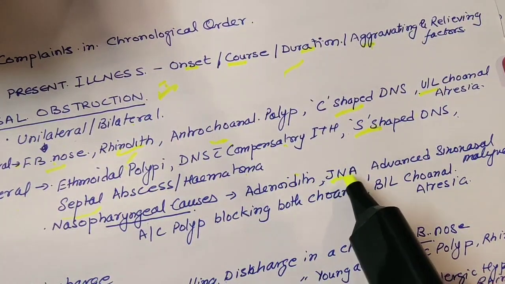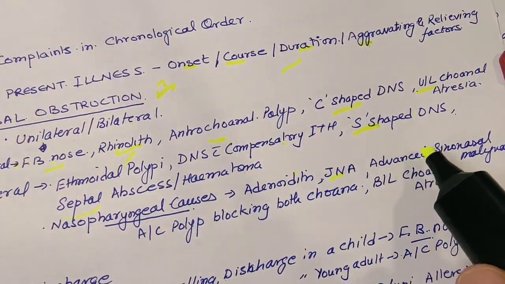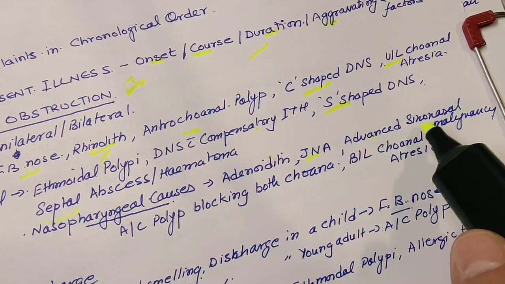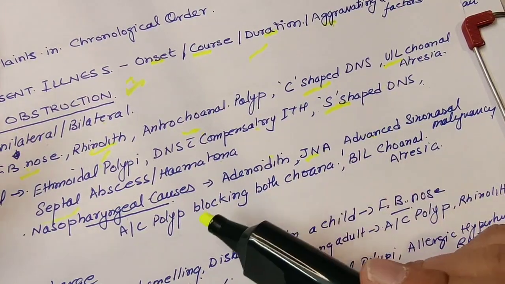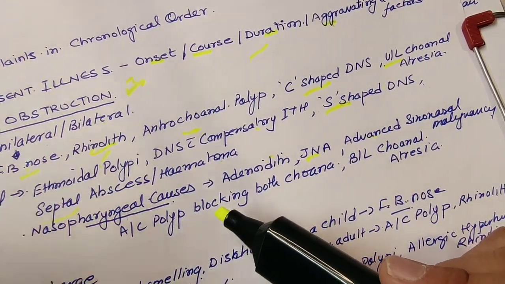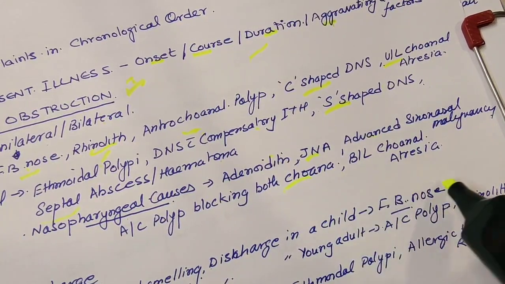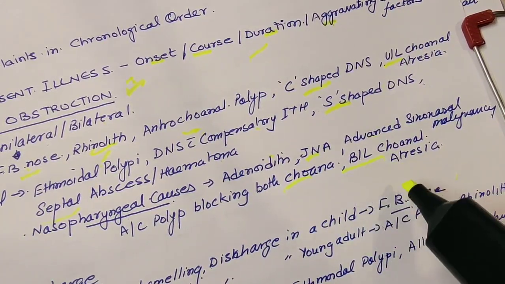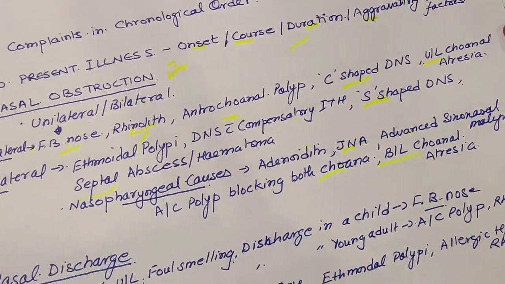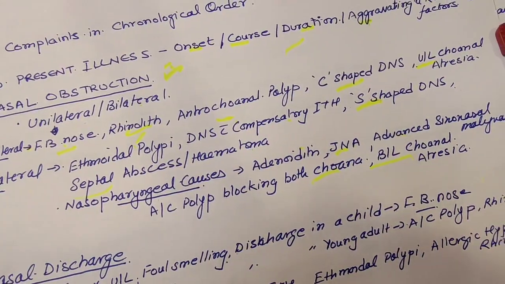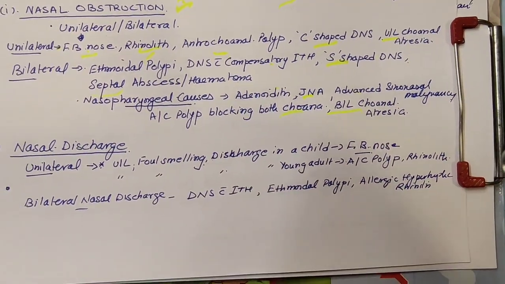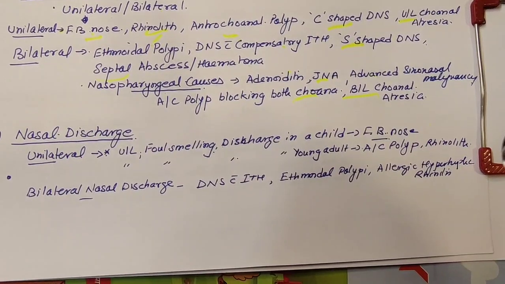And juvenile nasal angiofibroma, advanced sinonasal malignancies, antrochoanal polyp where the polyp has gone down into the choana, and bilateral choanal atresia. So these are the various issues where you find bilateral nasal obstruction.